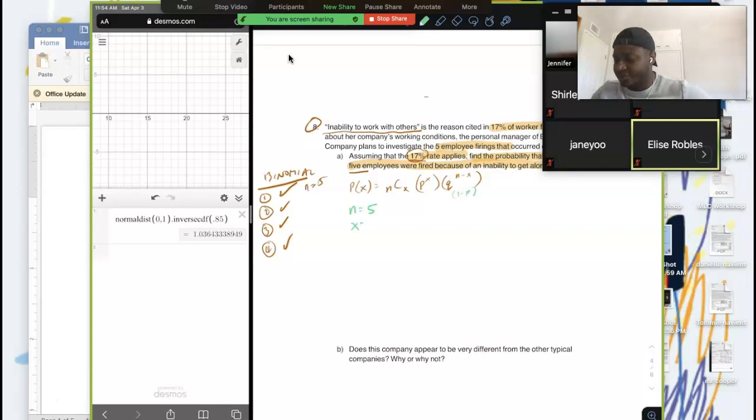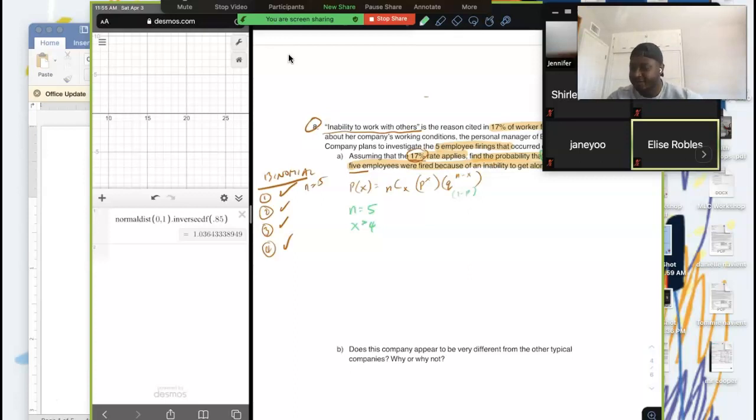So what would our x be? So it'd be 4. Is that it? So be very careful when you're reading these. The tip off here is it says at least 4. So because it says at least 4, that means what? There you go.